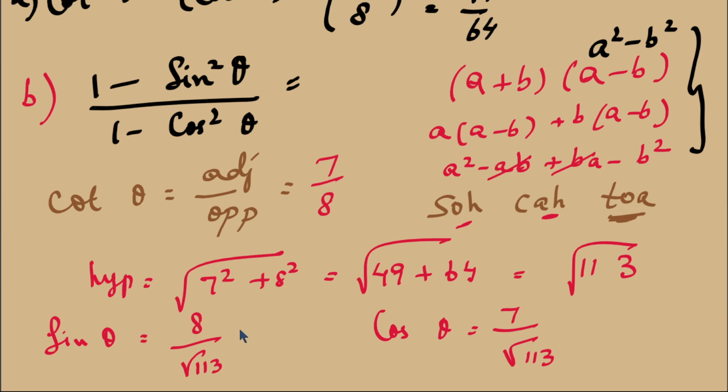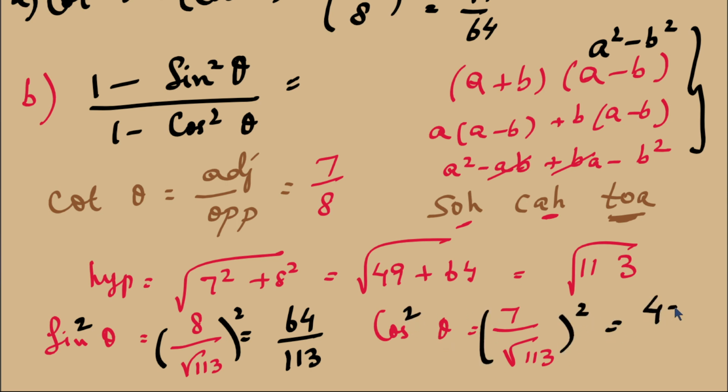We need sine squared and cos squared theta ultimately, so let us square both sides. Sine squared theta is 64 by 113, and cos squared theta is 49 by 113.